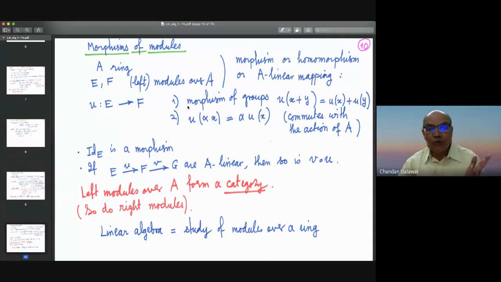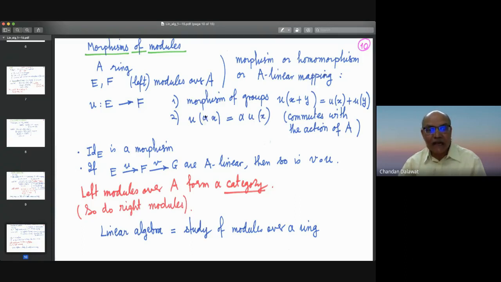So this U should be a morphism of additive groups, which means that U of X plus Y should be U of X plus U of Y. And the second condition is that it should be compatible with the action of the ring A. Which means that if I take an element alpha of A and multiply some element X of E with it, and then apply U to it, take its image under U, I should get an element which is alpha applied to U of X. Okay?